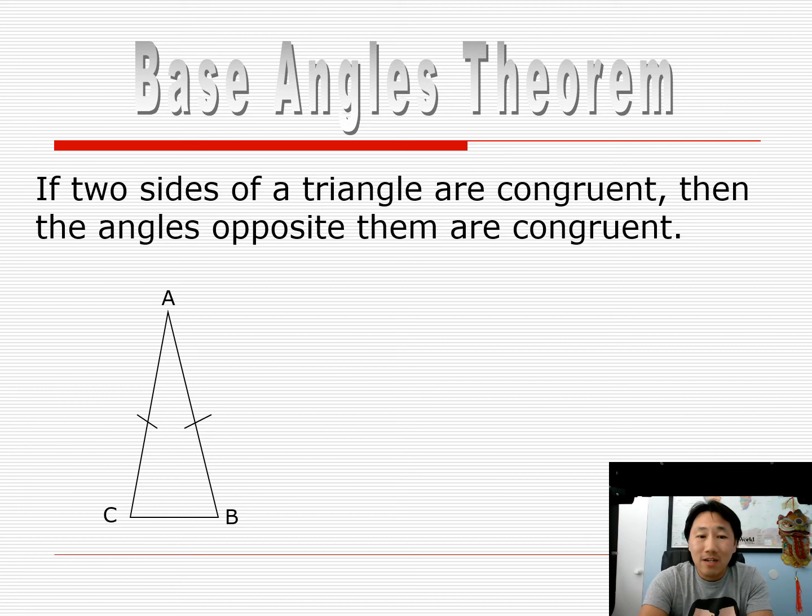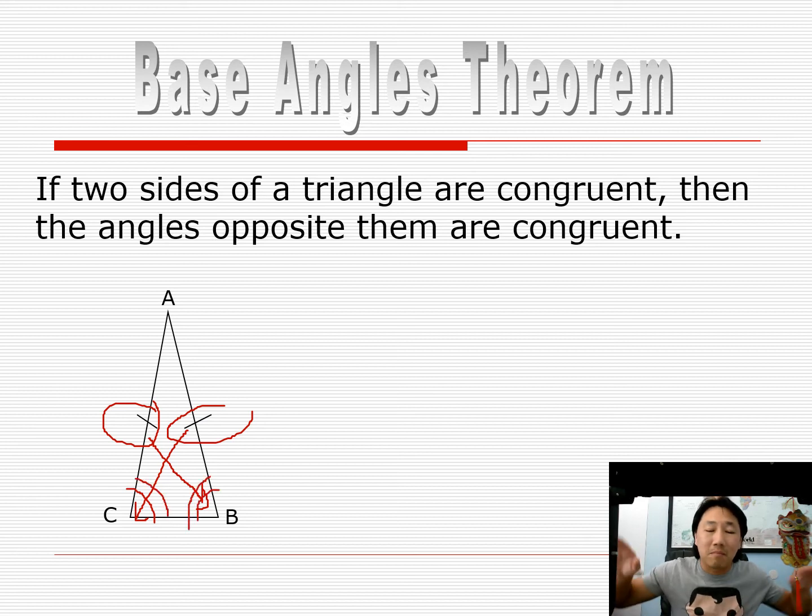All right, let's have another theorem. Now this theorem doesn't have to do with comparing two triangles. This is a brand new theorem, and it's based on just one triangle. Base angles theorem: if two sides of a triangle are congruent, then the angles opposite them are congruent. So it's isosceles triangles. You have two sides that are the same. When that happens, the angles across from them are going to be the same.